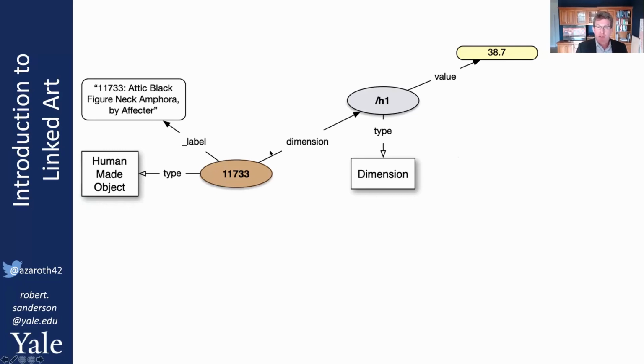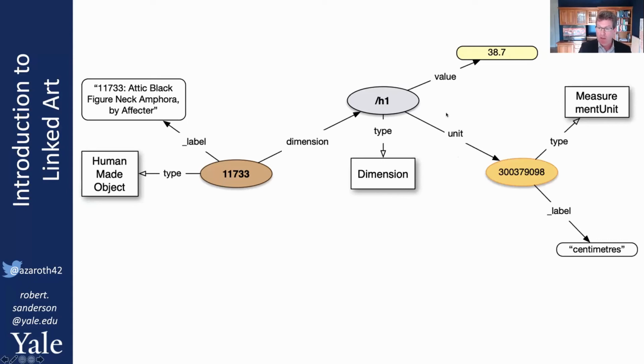CRM gives us some really useful ontological language in that there is a property dimension and a class dimension, and values which can be numeric. So the object has a dimension of 38.7. There's our first one. But now we need to know what unit and what type of dimension it is.